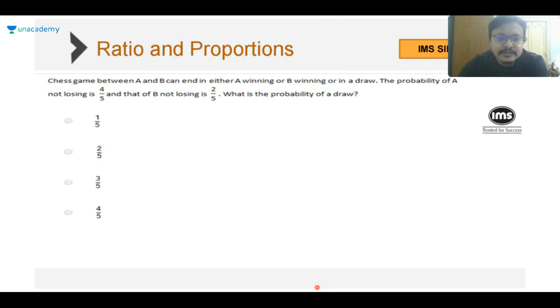So let's get started with the first of today's questions. Ignore the headers. All these questions are from the IMS SimCAT mocks, so credit to the IMS SimCAT team for granting us permission to discuss the mocks on the Unacademy channel.